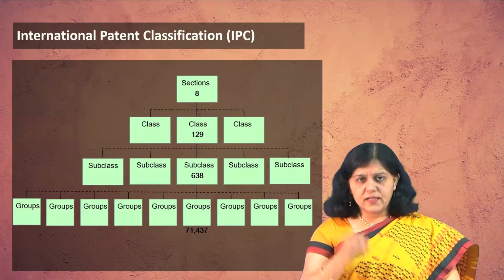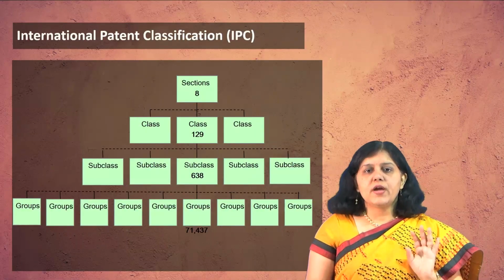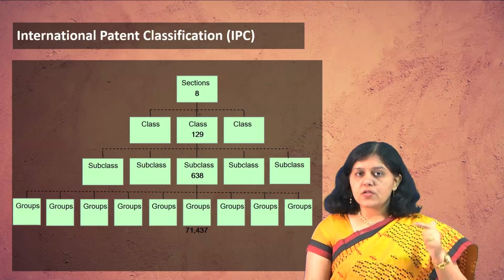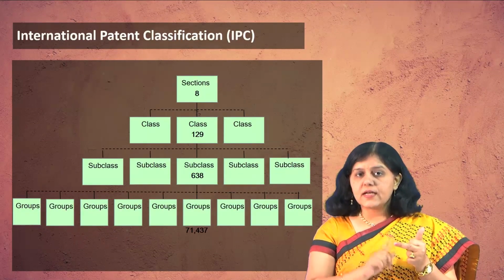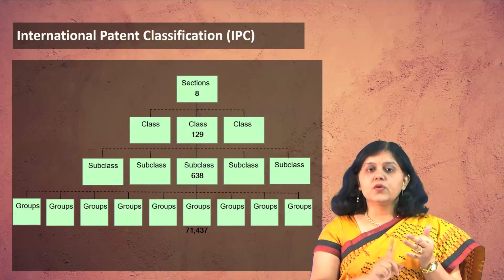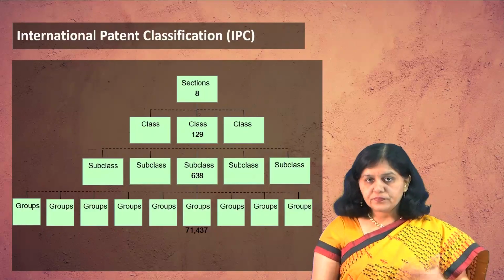And then further there is the dot based classification, that we will see how it is. So, we have to remember the section; although the subsection is there, it is not represented, right. Then next is the class, then subclass and group, okay. This way the hierarchical arrangement is there, okay.